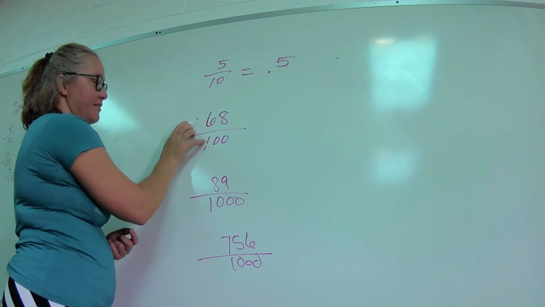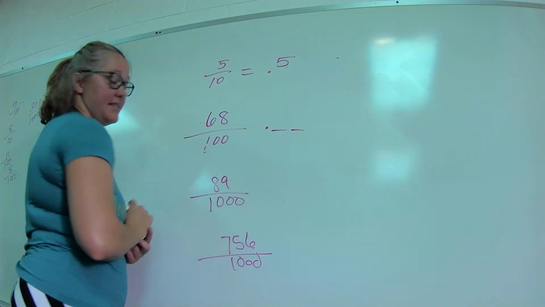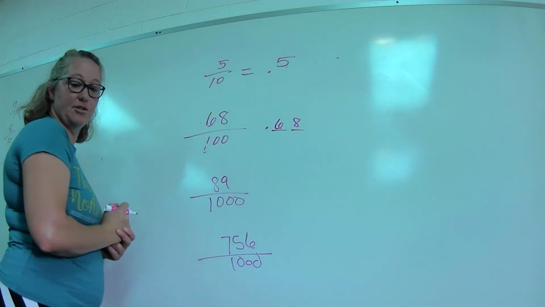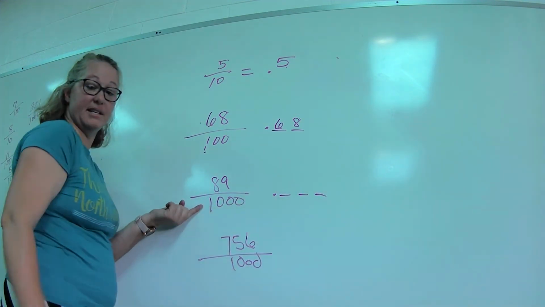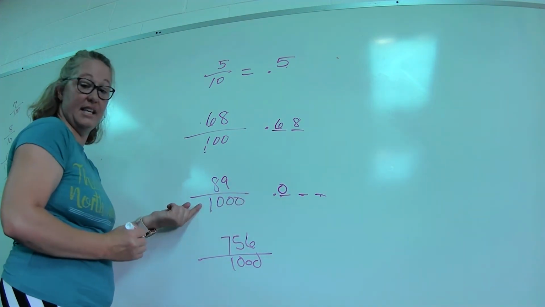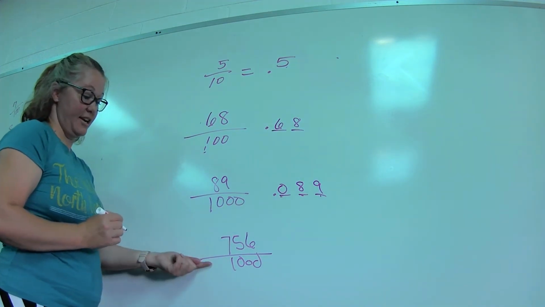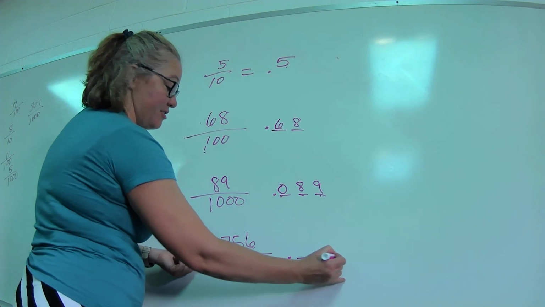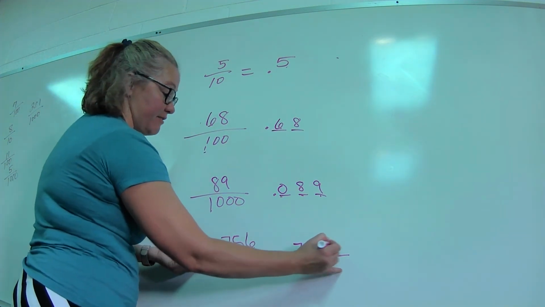All right, I have 68 hundredths, so I'm going to go out 2 places. And then that would be 0.68. It goes out 2 places. A thousandths is the decimal, 1, 2, 3 places, right? Tenths, hundredths, thousandths. So I don't have any tenths, but then I need to put 89. Here I have 756 thousandths. Again, tenths, hundredths, thousandths. So then I can write my decimal 0.756.